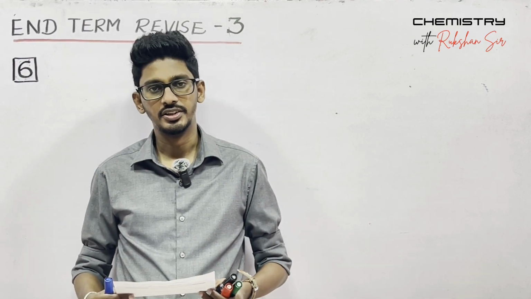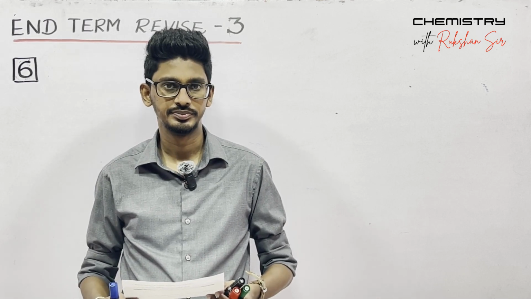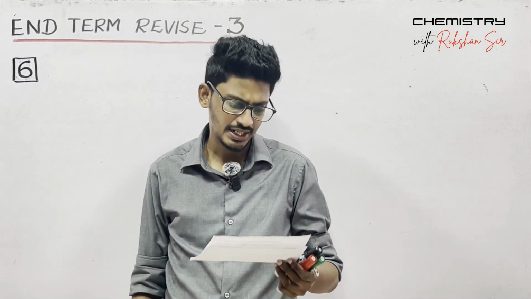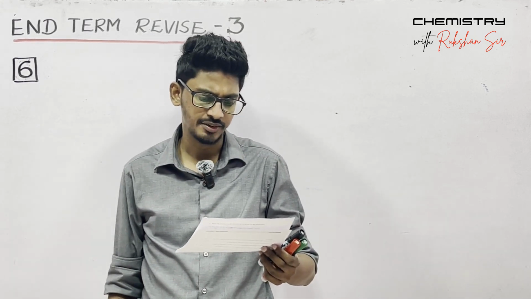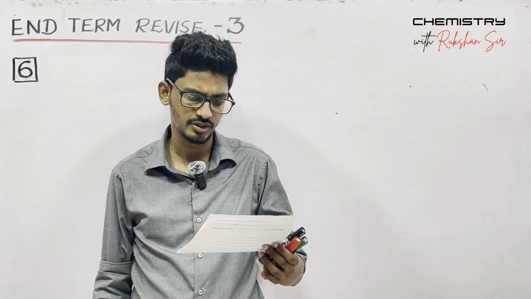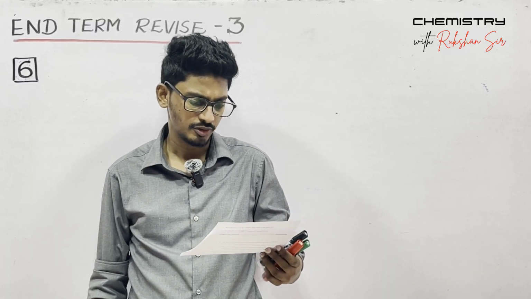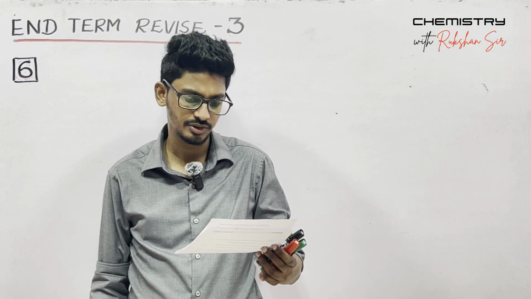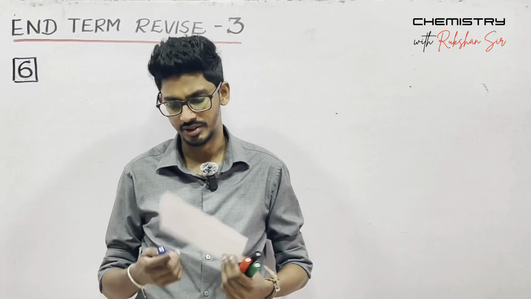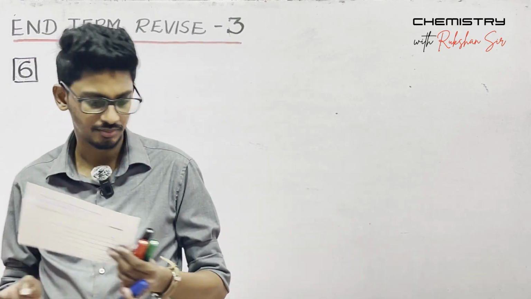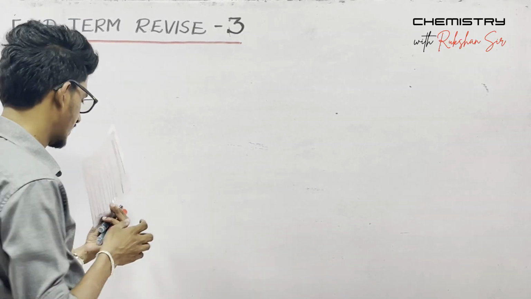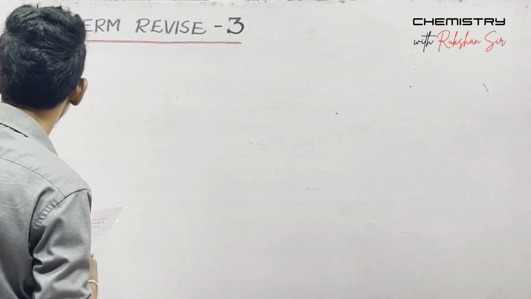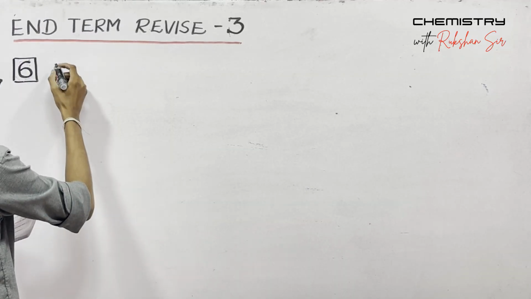Let's discuss statement number 6. See what it says: no contribution from the unstable and less stable resonance structures for the resonance hybrid. Let's discuss that statement regarding resonance structures and resonance hybrid.